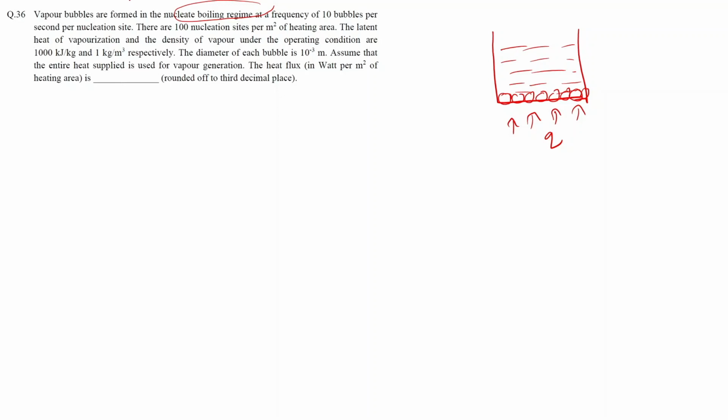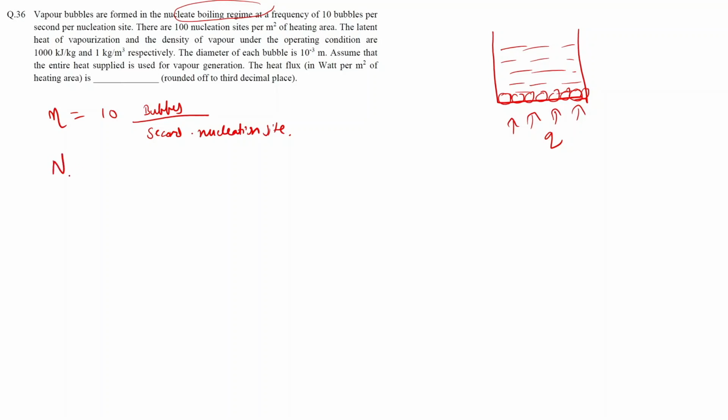So now from the given question, we will write the data. Vapor bubbles are formed at the frequency of 10 bubbles per second. Let's call this frequency small n is equal to 10 bubbles per second per nucleation site, and then there are 100 nucleation sites per meter square.